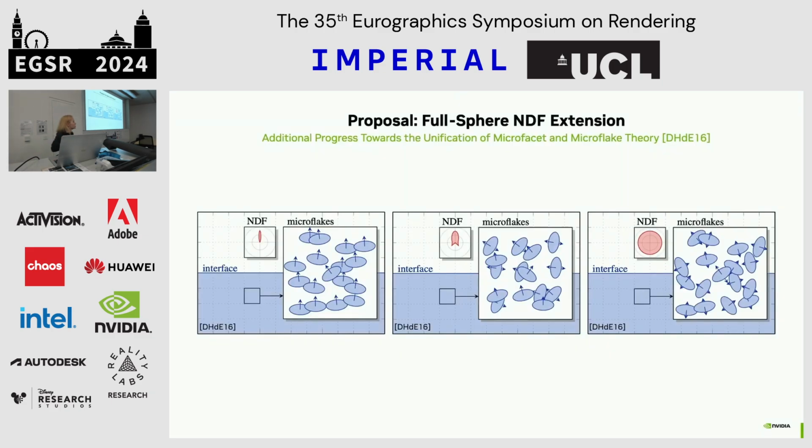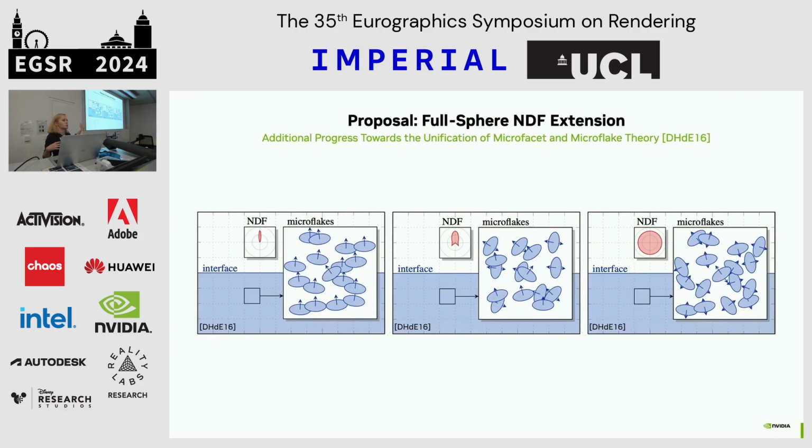Going back to the first paper, the main contribution of the first paper is that they were able to link microfacet and microflake theory, and in particular they derived the microflake model that exactly produces the multiple reflectance from the Smith microsurfaces.